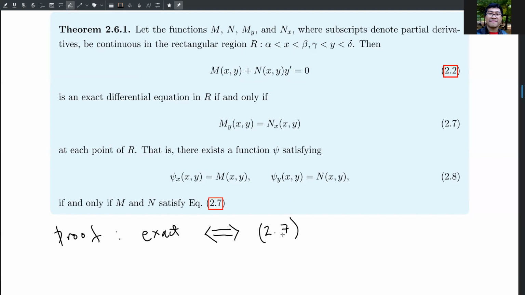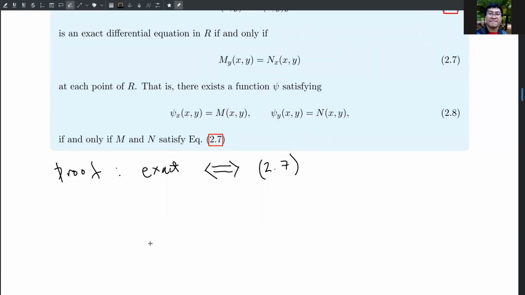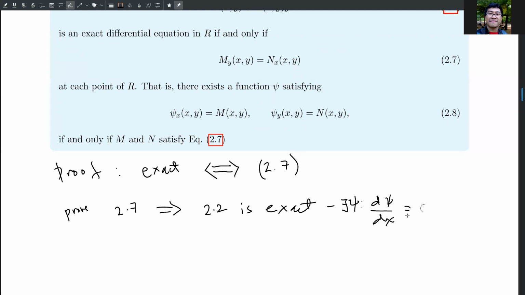It's easy to show that from 2.7, 2.2 is exact. How do you do that? Let's prove that 2.7 implies that 2.2 is exact. If it's exact, it means that there exists a psi such that d psi by dx equals 0.